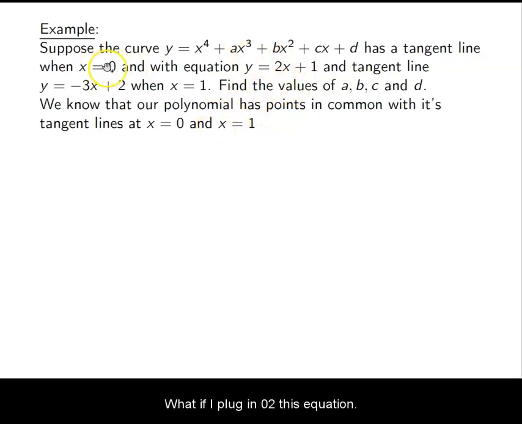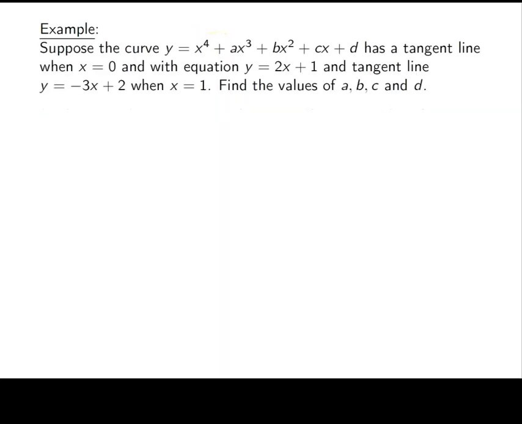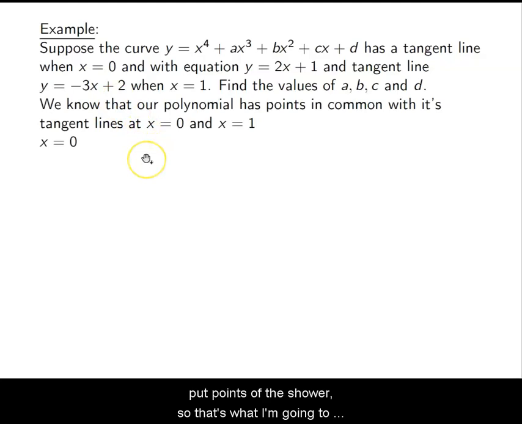But if I plug in 0 to this equation, then it should give me the same value out as when I plug in 0 to the tangent line. When I plug in 1 into this equation, I should get the same value as when I plug in 1 to the tangent line, because those are the points that they share in common, right? So that's what we're going to start with, rather than taking the derivative. We could go either way. We're going to have to do both, to be honest with you.